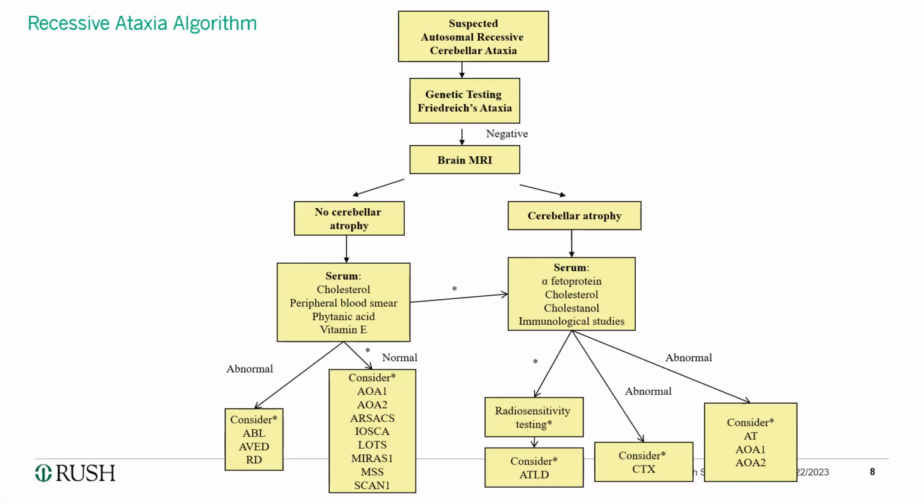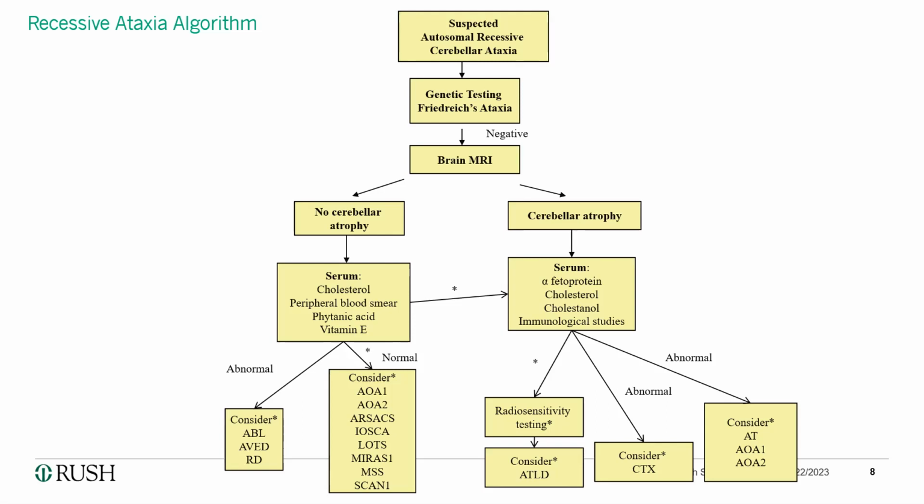If the test is negative, then you're going to look at the brain MRI. I find the brain MRI in cerebellar ataxias to not be as useful as it is for many other disorders we would look at in the nervous system. But if there is cerebellar atrophy, it may help you narrow down your first and second lines of testing. Some of the tests that you are going to do can be run through the general lab.